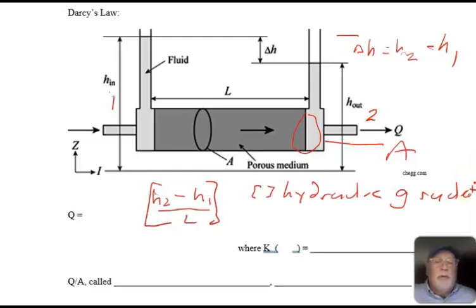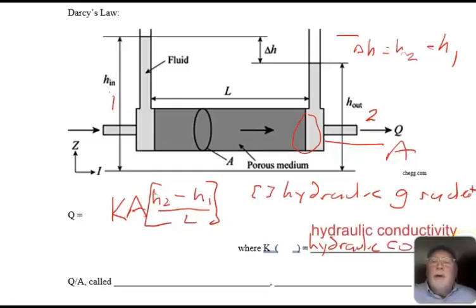And it's proportional to the area. And different materials had different properties. Some went fast, some went slow. So we came up with K, which is, there's still some space there, the hydraulic conductivity. So that's a property of the medium, of the material: hydraulic conductivity.